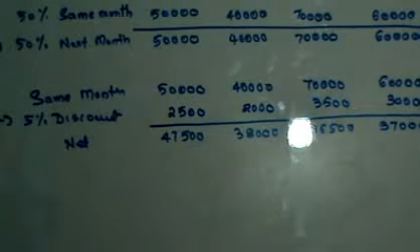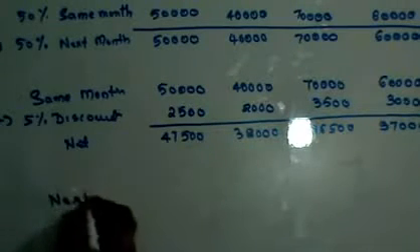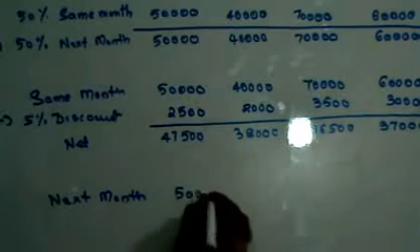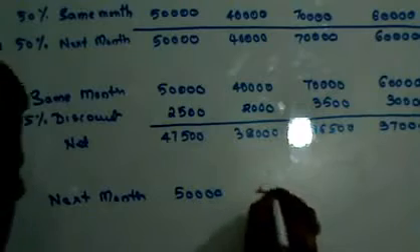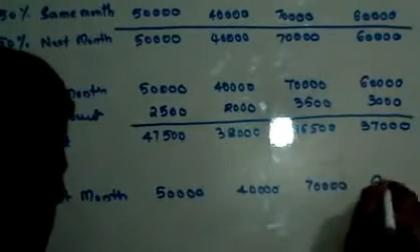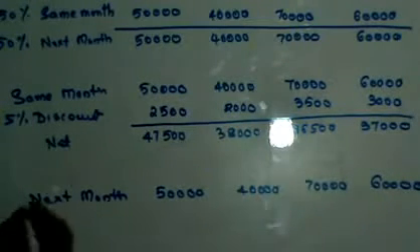Okay. So 5% discount if the payment is received during the same month, and 2% discount if it is received in the following month. Next month sales are 50,000, 40,000, 70,000 and 60,000. They are subject to 2% discount.